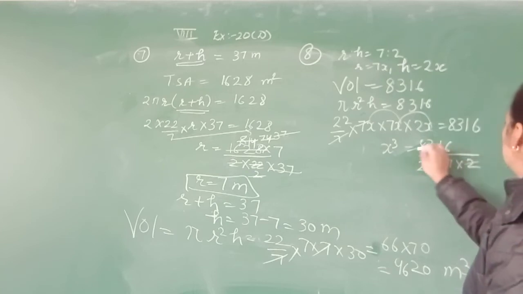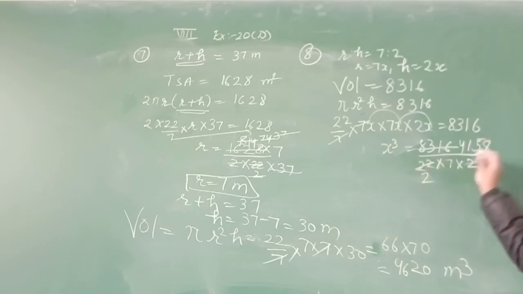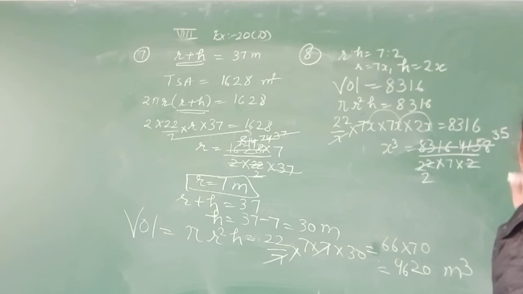So I am just going to cancel it. 11 twos are 22, 3s are 33, 11 5s are 55, 7s are 77, 11 8s are 88.